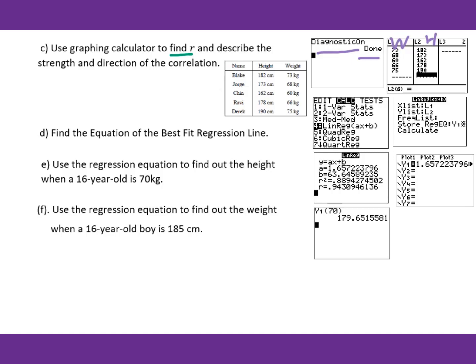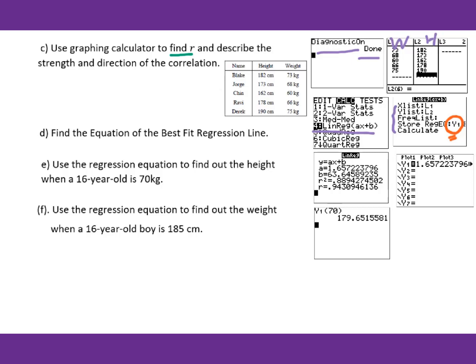Then you go back to stat, go to calculate, go to 4, linear regression ax plus b. We put L1 for X, L2 for Y, then store the regression equation in Y1. So that when we predict the value, it will be easier.